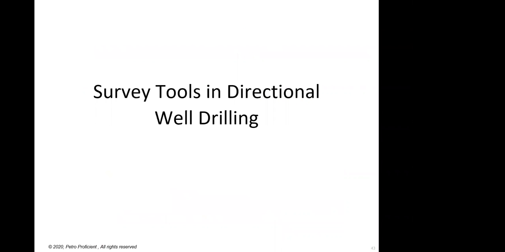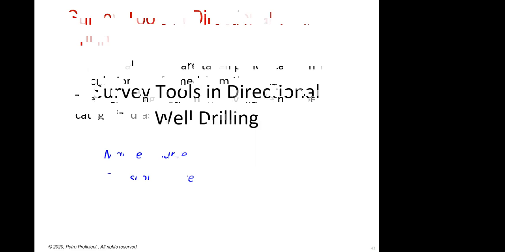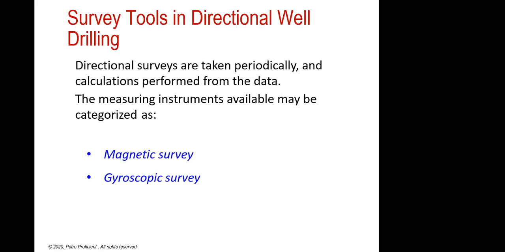So survey tools. Now, what are survey tools and why is surveying required? Basically, directional surveys are taken regularly to calculate your depth, the position of the tool, and your angle and inclination, whether you're proceeding at the same angle as planned. There are two types of surveying tools. One is magnetic surveys, and then there's gyroscopic.